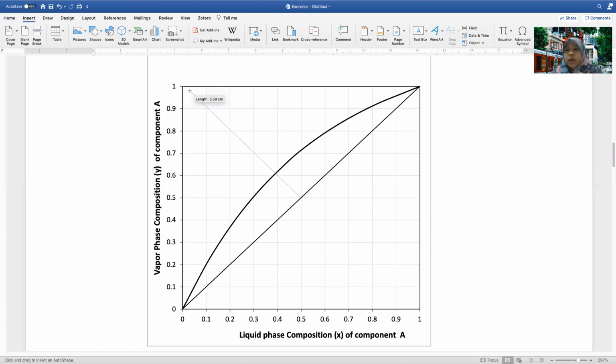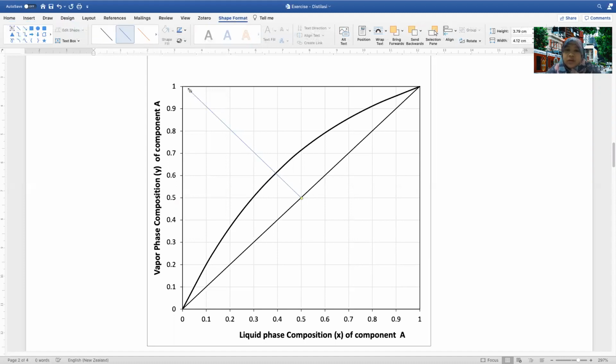It's really up to you. Which one is better to make the graph? I don't have a pen with me, so I'm gonna use maybe this one.